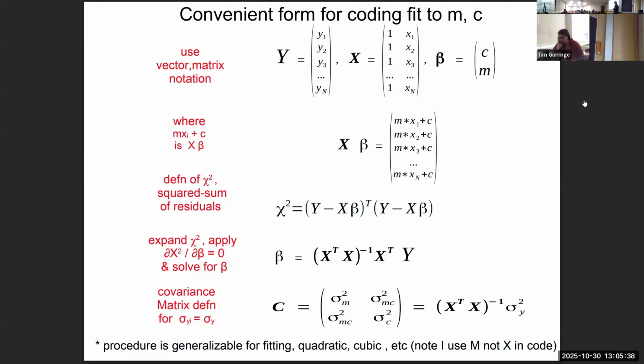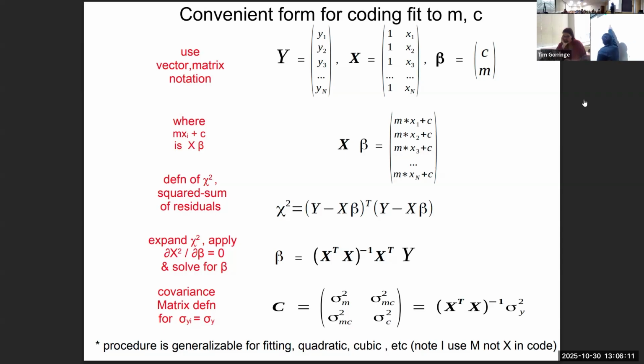I think this will answer your question about the meaning of that M transpose M. The way I'm going to solve in Python for the slope and the intercept of the straight line fit to some data that we imagine we measured is to introduce a matrix and vector representation of the data and the problem we're trying to solve.